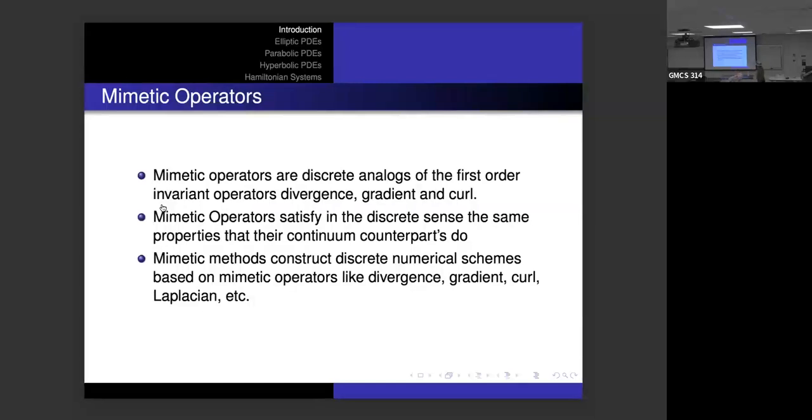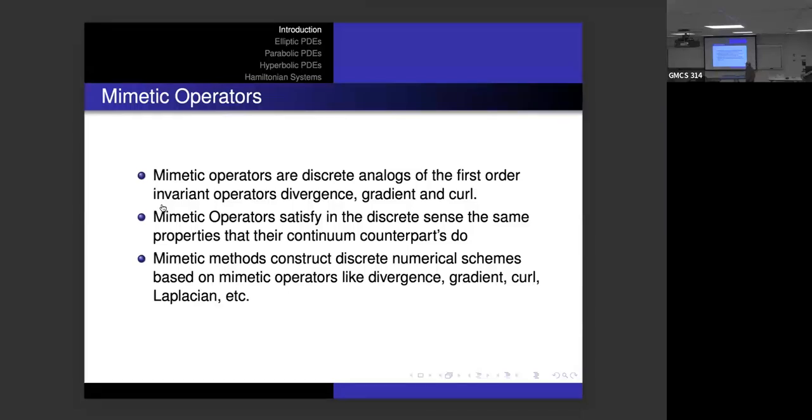Okay, so basically, I think this term mimetic was coined by Mac Hyman at Los Alamos National Lab, and it comes from imitation. In English, mimicking is imitation.